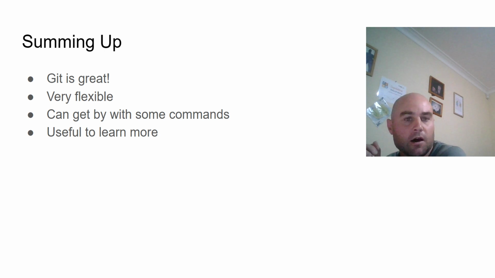You can certainly get by with some commands like git commit, git branch, pull and push, and merge are probably going to be your staples. But there are also some extra pieces that you can use, and if you know where to find them, cherry pick and git reset and rebase for that matter, those will be helpful too.